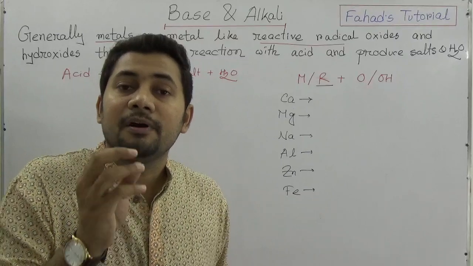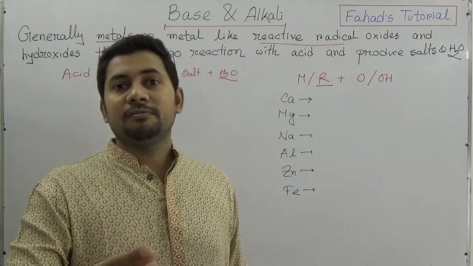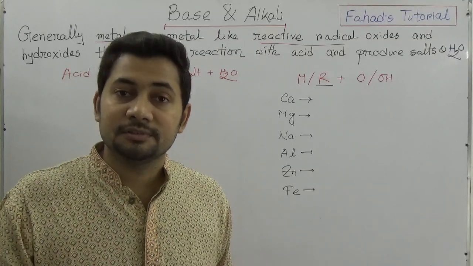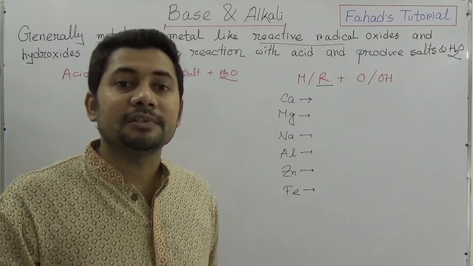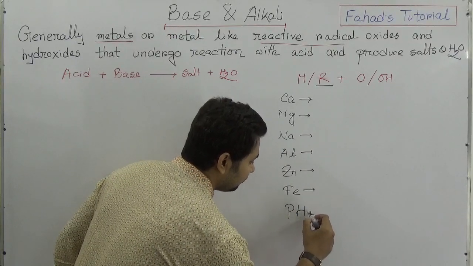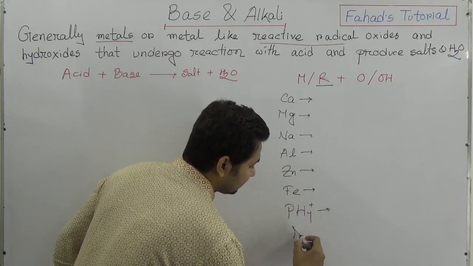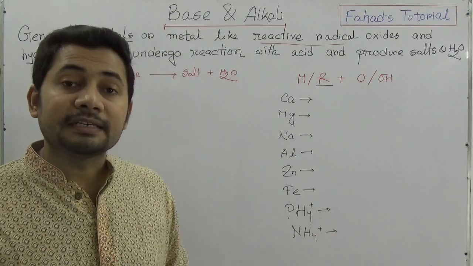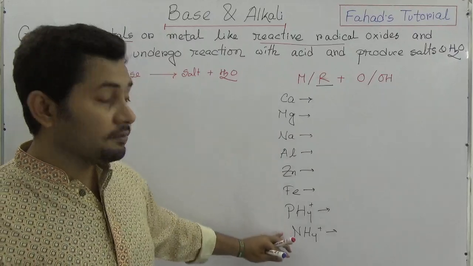So we need positive radicals to form a base or alkali. And what are the positive radicals? You know that phosphonium and ammonium, PH4+ and NH4+; these are the reactive radicals.